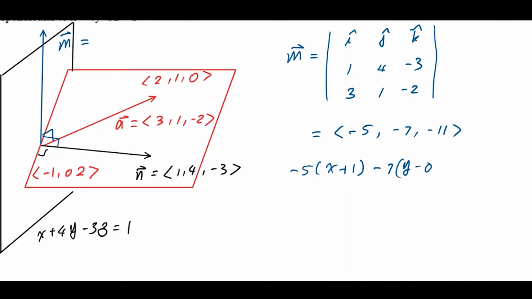I'll just write it. And minus 11 and z minus -3. Z minus 2 needs to be 0. Good. And then I'm going to get 5x plus 7y plus 11z.